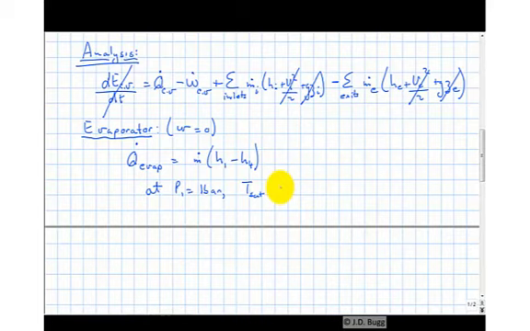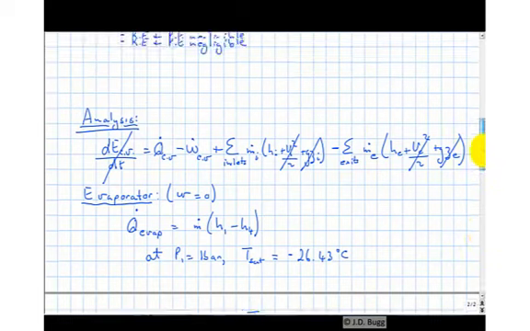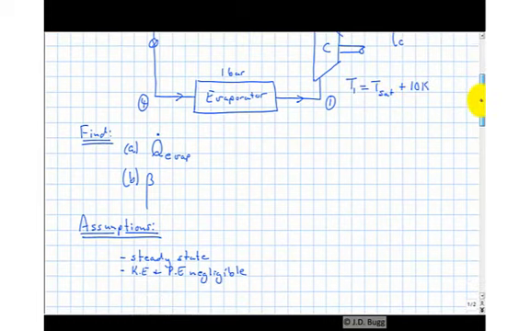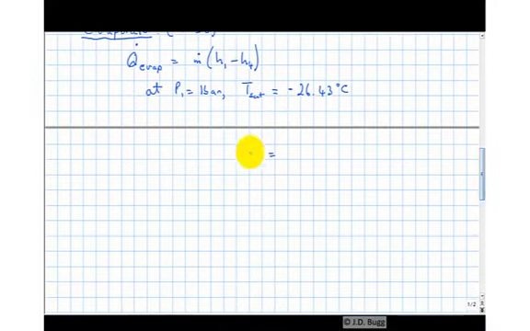So we go to our tables for R134a and we look up the saturation temperature and we find it's minus 26.43 degrees C. So that means that T1, remember T1 is the saturation temperature plus 10 degrees C. In other words, the refrigerant is superheated by 10 degrees C there. So T1 is minus 16.43 degrees C.